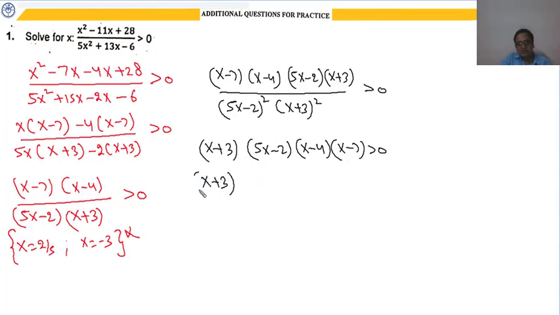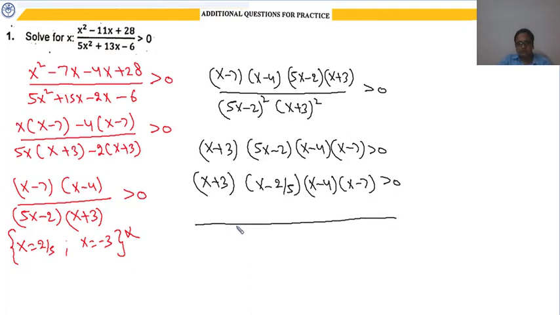It becomes x plus 3, x minus 2 by 5, x minus 4, x minus 7 is greater than 0. Now take a number line and plot them in ascending order. It's minus 3, 2 by 5, 4, and then 7.